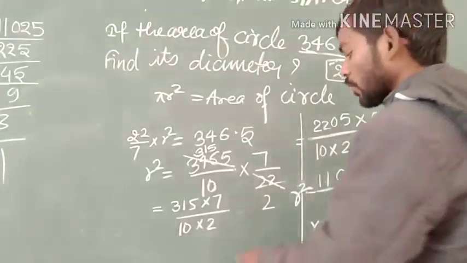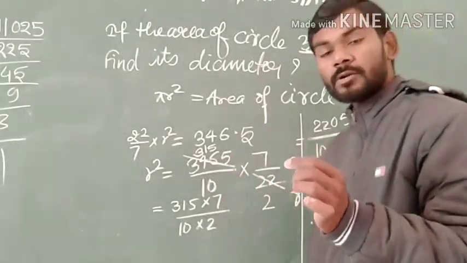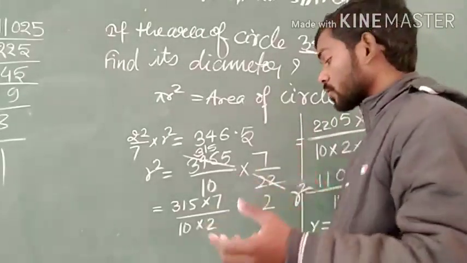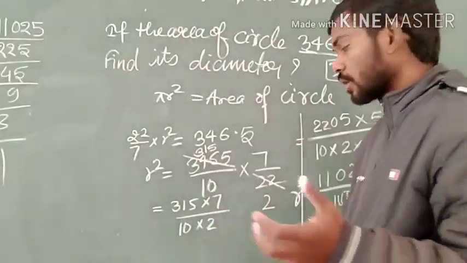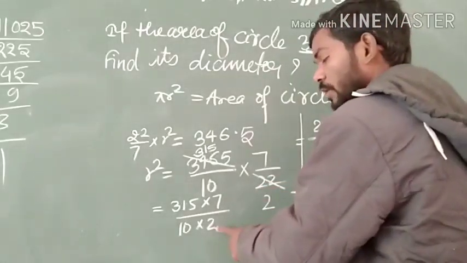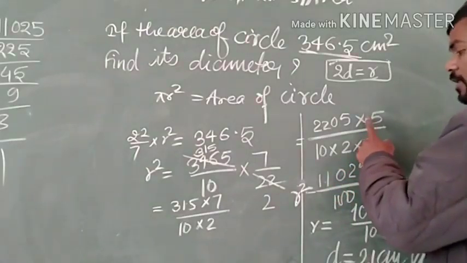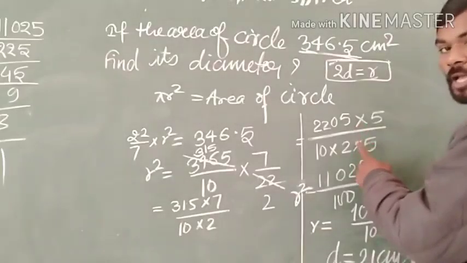In order to convert this into 10, because here we need to find out the square root, and we don't know the square root of 20, therefore we have to convert it into 10. So when we convert it to 10, we have to multiply the numerator and denominator by 5.